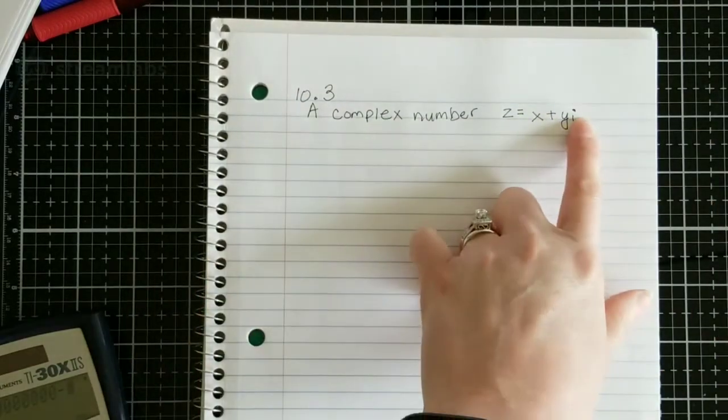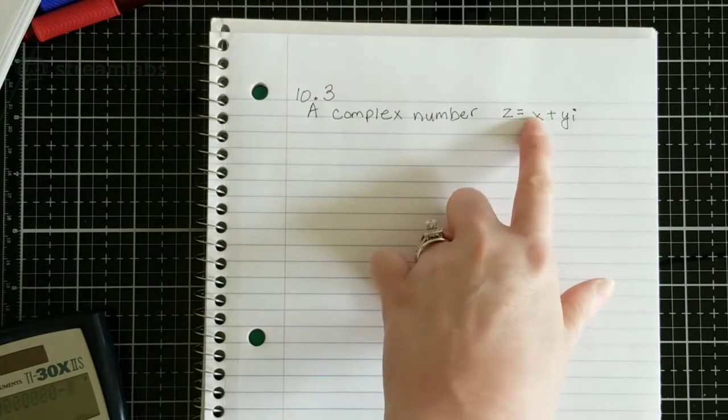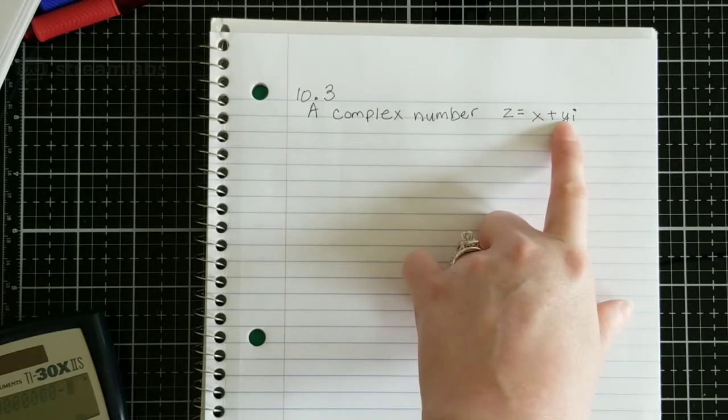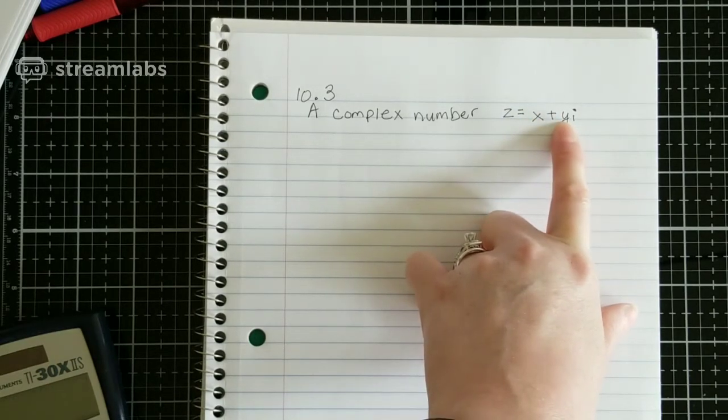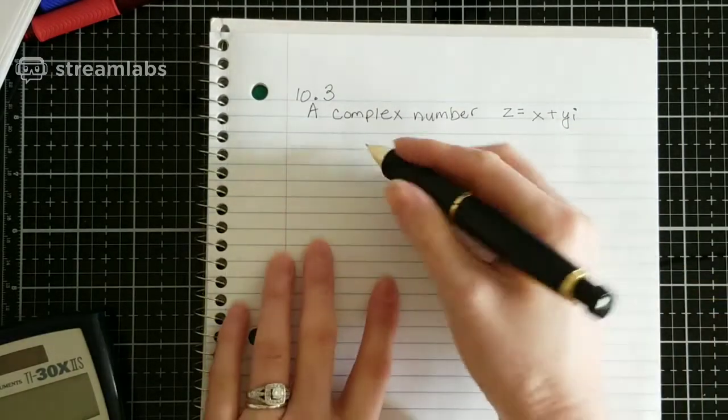So i is for the imaginary number. The x could be any number here, and the y is any number. Y can't be 0 though, because then you would just have a regular number and it's not complex anymore.